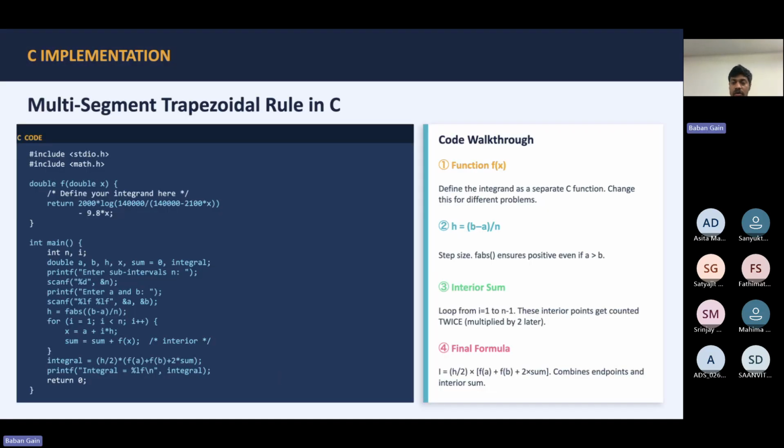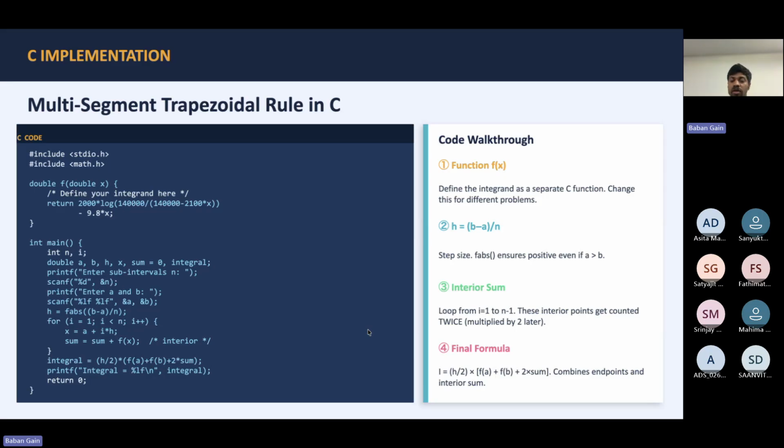So again, if you talk about implementation, you just have to calculate h, which is b minus a divided by n, and then you have to run a loop. You have to go through each of the points. If it is the first point or the last point, it is multiplied by 1.